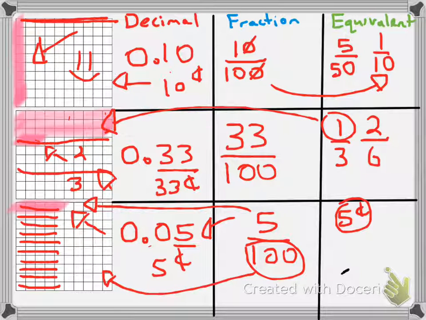50. Let me try that again. Let's try from down here. 50, 55, 60, 65, 70, 75, 80, 85, 90, and we have 100 over there. I must have missed one row.